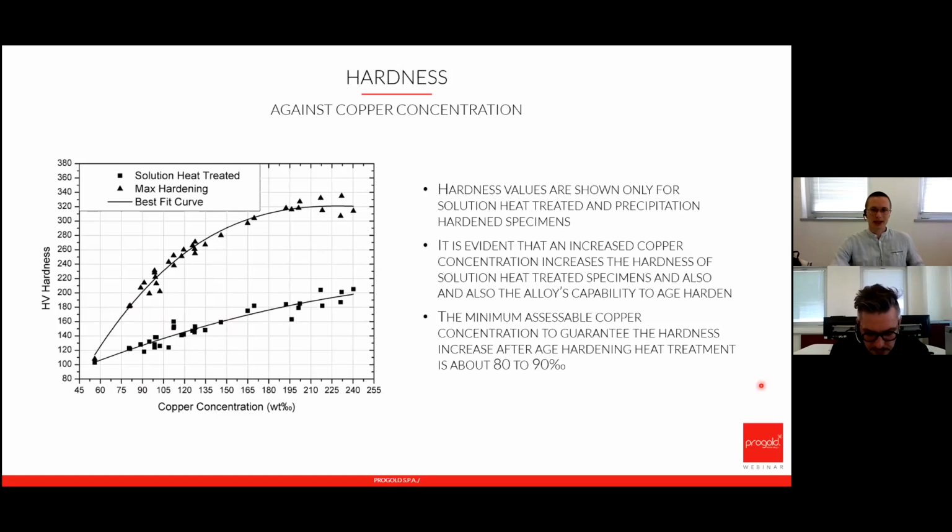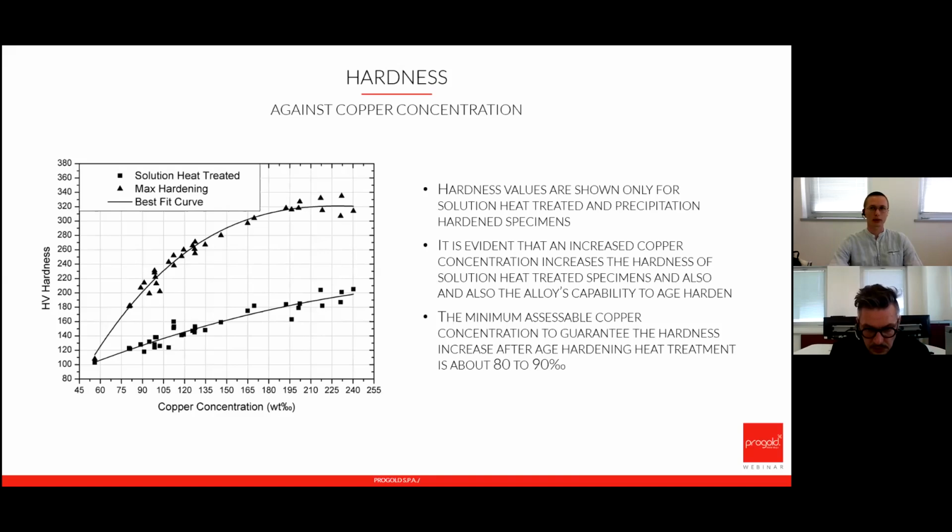So the hardness increase for 2N color is not so important. So it's important to evaluate if an age hardening heat treatment will be worth the little increase in hardness.